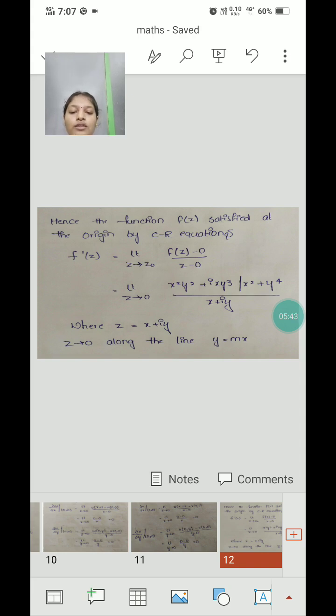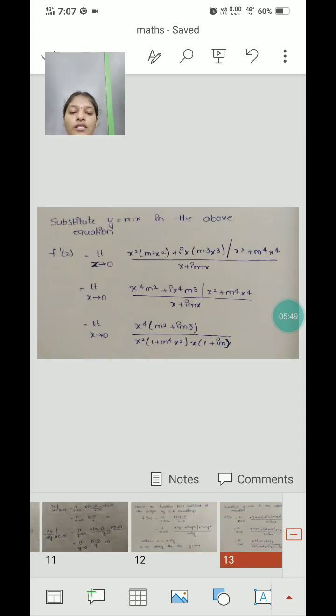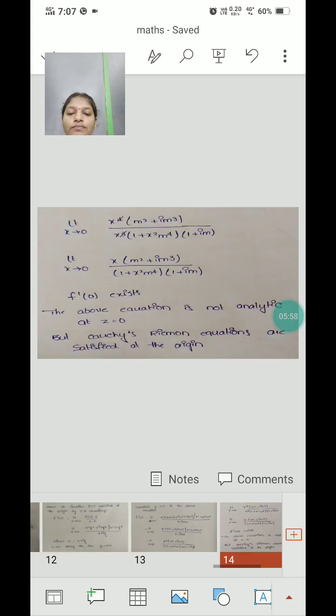If z tends to 0 along the line y is equal to mx, substitute y is equal to mx in all the above equation. Finally we get limit x tends to 0 of x m square plus i m cube by 1 plus x square m power 4 into 1 plus i m. F dash of 0 does not exist.